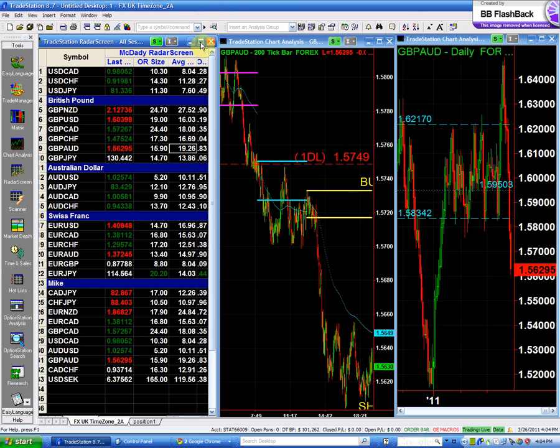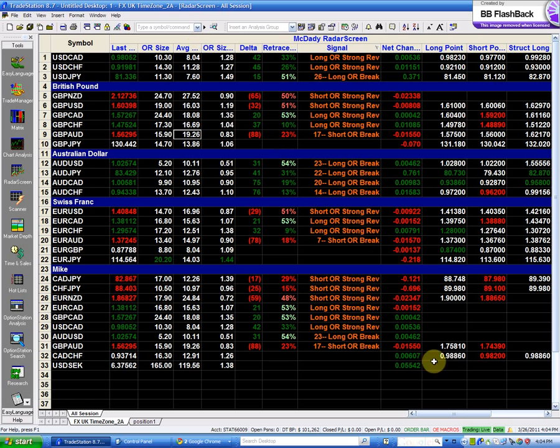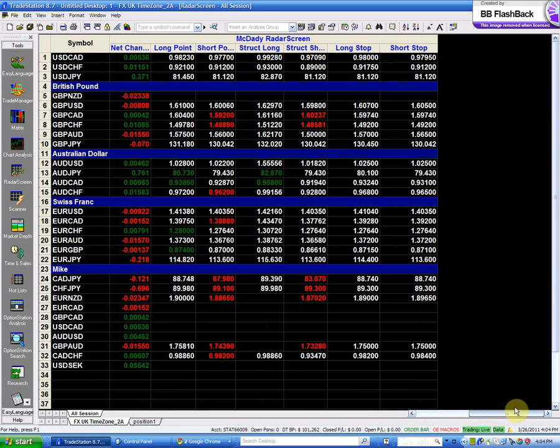Alright, so just to recap the pound Aussie, we're going to buy it only if it gets above 157.50. If it does, I'm placing my stop at 157, so I'm risking 50 pips on the trade, and my structure long to the upside is the 162.17.